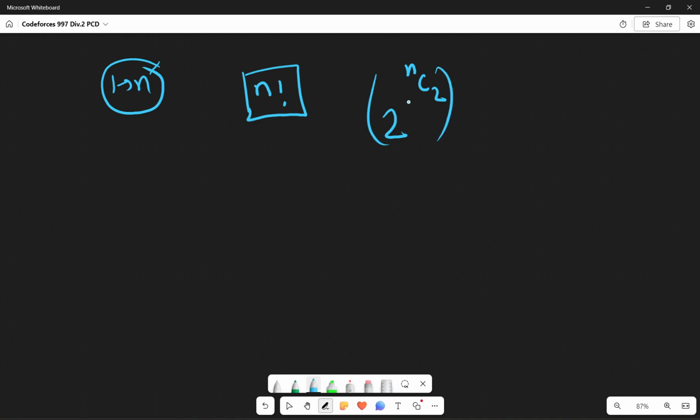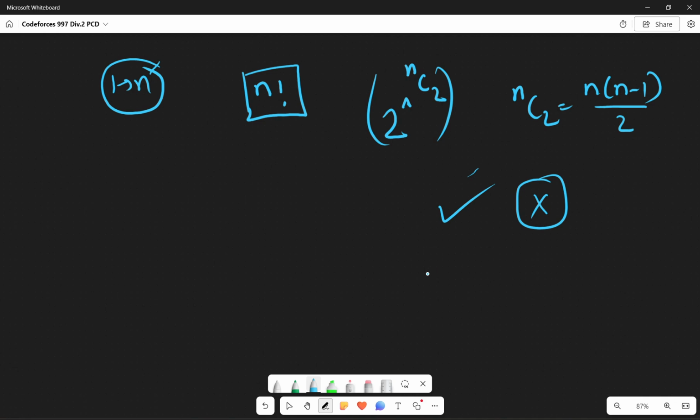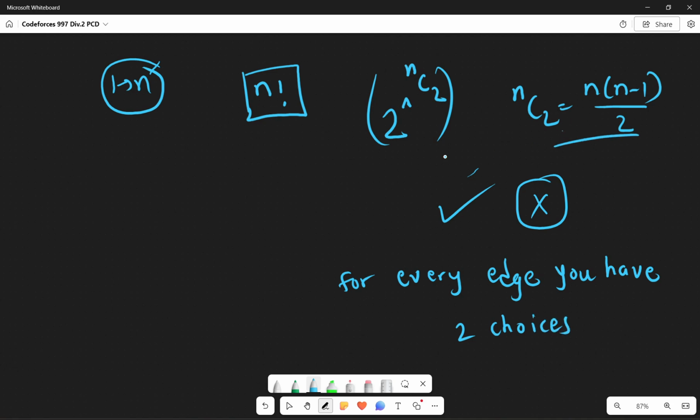There are nC2, meaning n choose 2, which is n into n minus 1 by 2 edges, and you can select that edge in the graph or neglect it. So for every edge you have two choices, and the number of edges is nC2, so that's why the number of graphs possible will be 2 to the power of nC2.